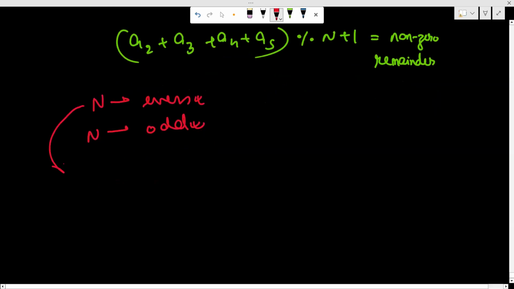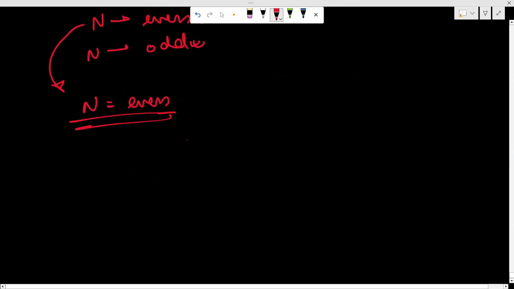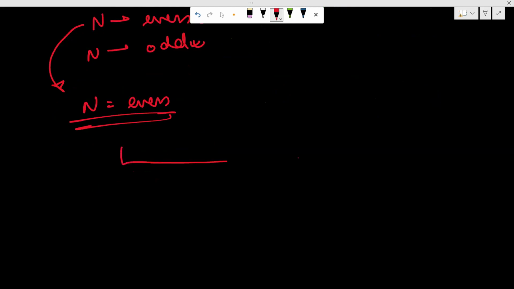Now, first of all, I dealt with the n equals even case. If the value of n is even and I constructed some permutation, can you guys tell me, if I take the entire array as my subarray, what will be the sum of elements? Do everyone agree that it will be n multiplied by n plus 1 divided by 2?